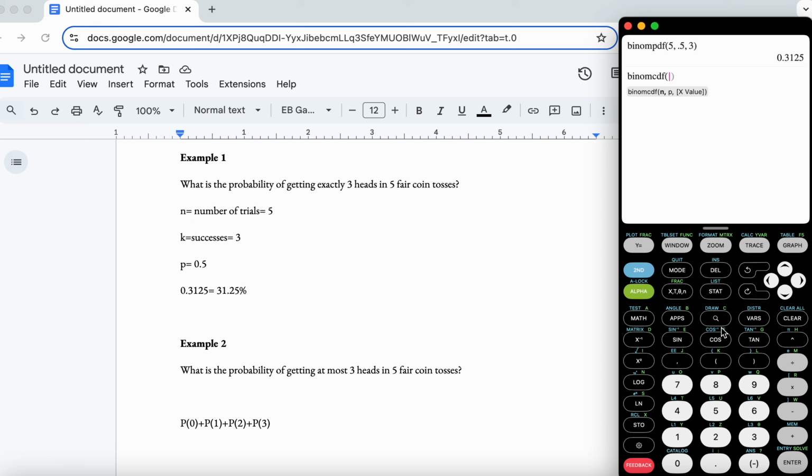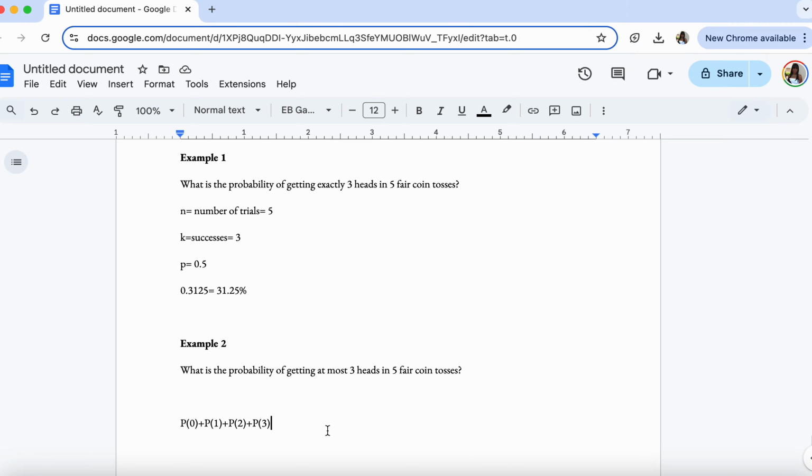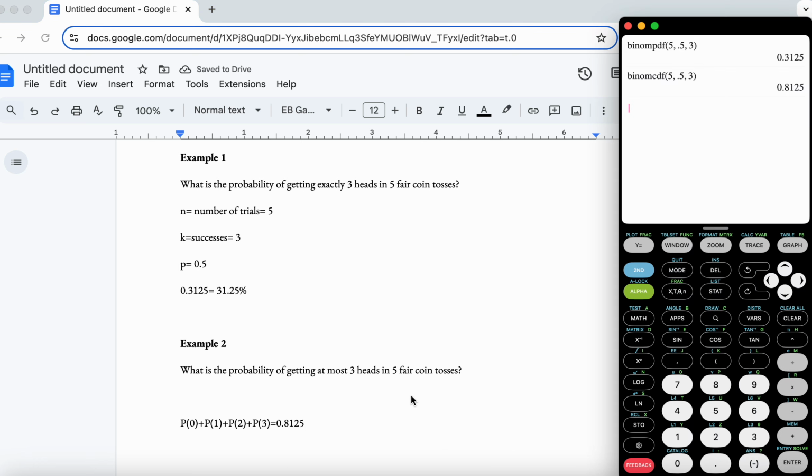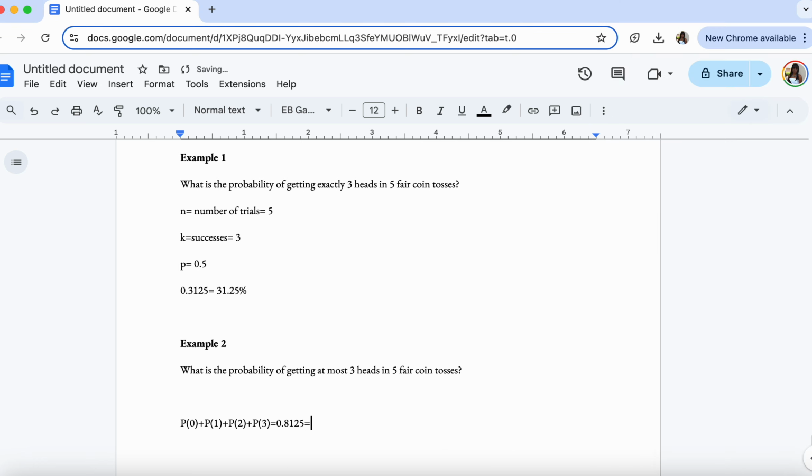So we go ahead and put that in, 5 for 5 trials, 0.5 because it's 50% chance that you land on heads, and 3 because we're going up to 3. We close our parenthesis and we enter, and we get 0.8125, I believe it was. Let's double check. Yes, that is correct. Move the decimal point over 2 places to get it as a percent. And there you have it.